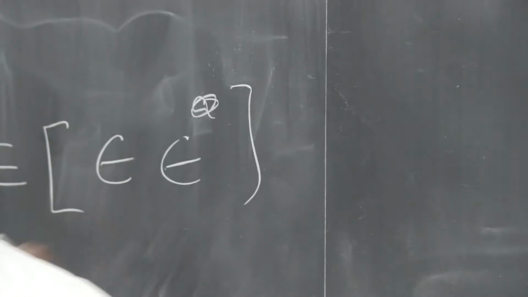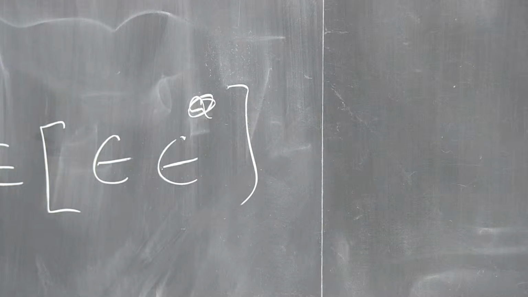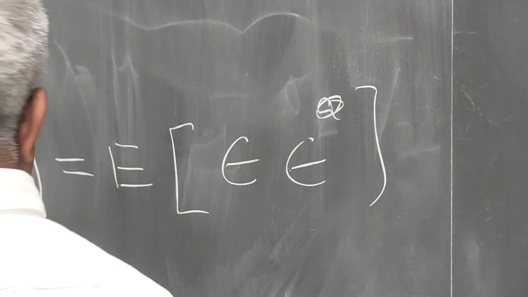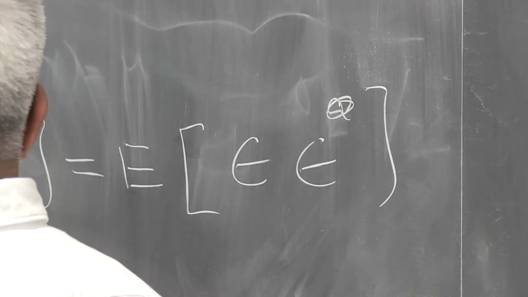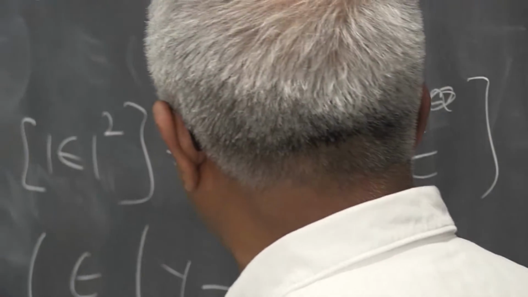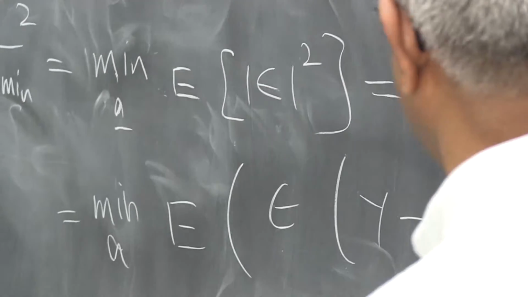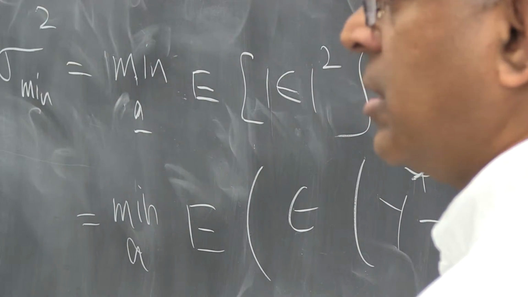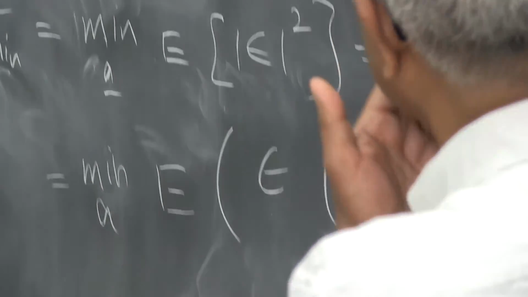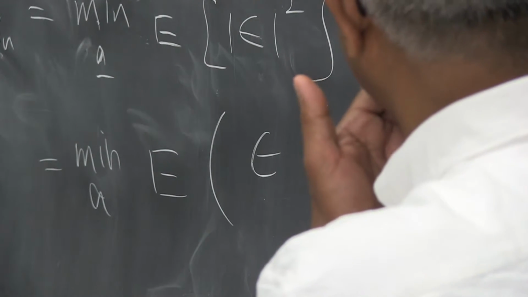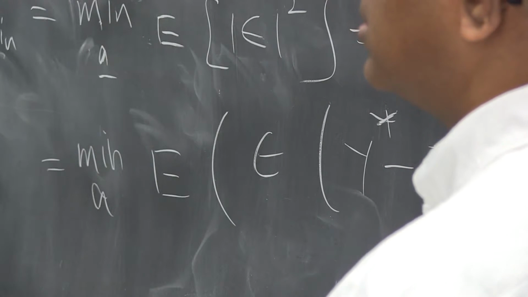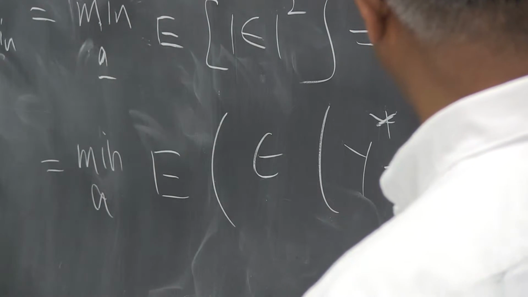Yes. But now look at the argument. So I want to minimize over A, but epsilon itself is, so this epsilon multiplied by epsilon star is what? Y minus summation a_i x_i star. So this is y star, and this is star here.